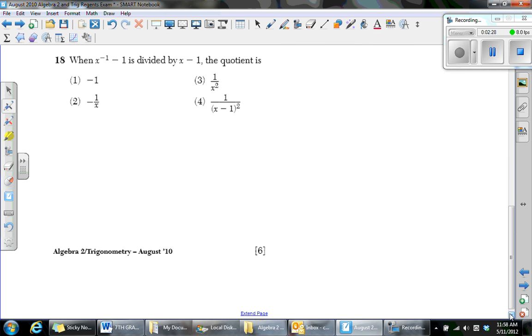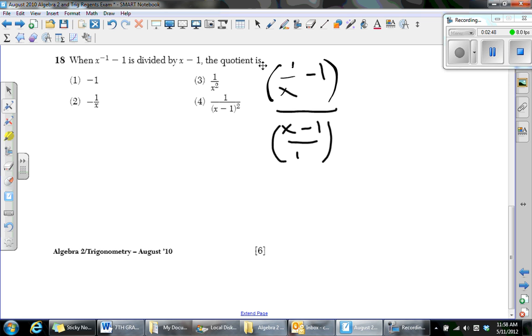For 18, I'm going to rewrite it correctly, so it's really 1 over x minus 1, all divided by x minus 1 over 1. The reason we wrote it this way is because we have a complex fraction.